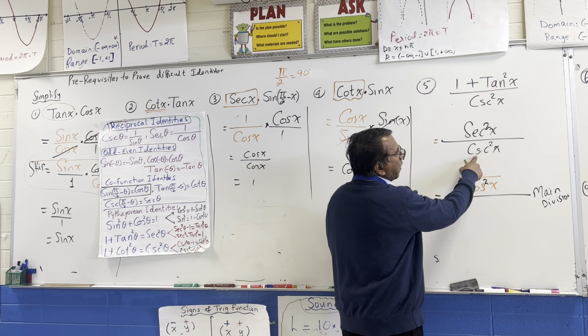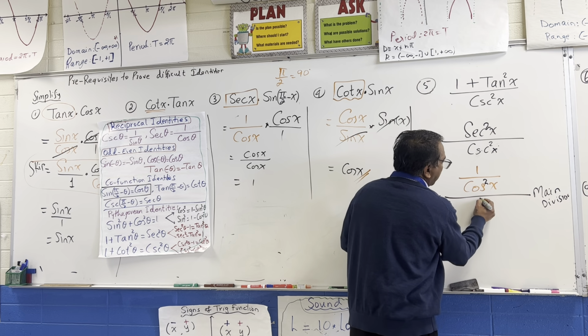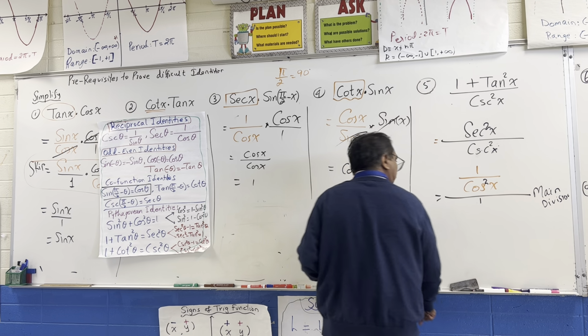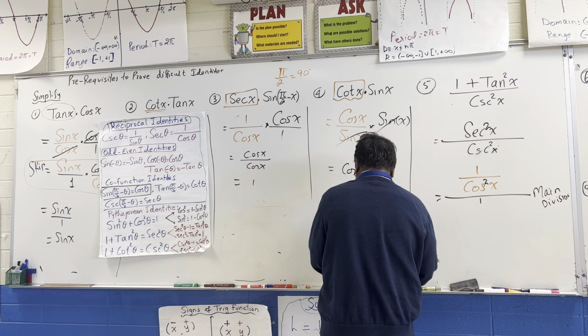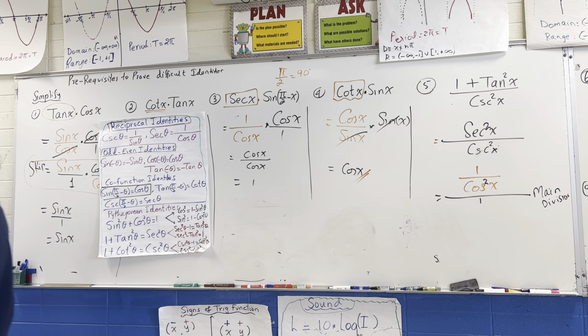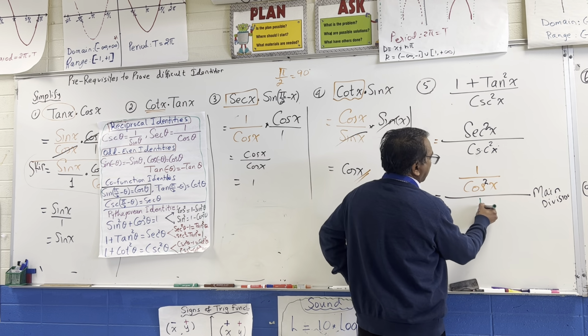Then the bottom will be, what about cosecant? For that I will use a great marker. So this is 1 over sine squared.